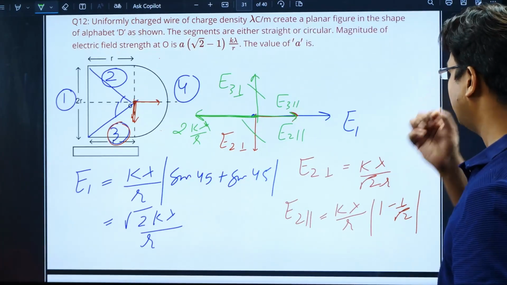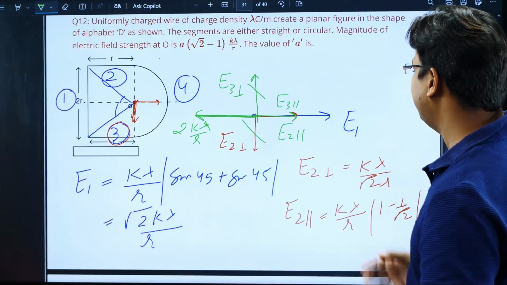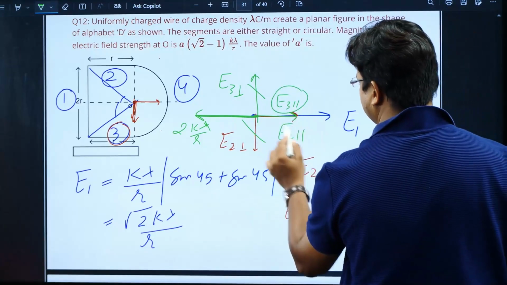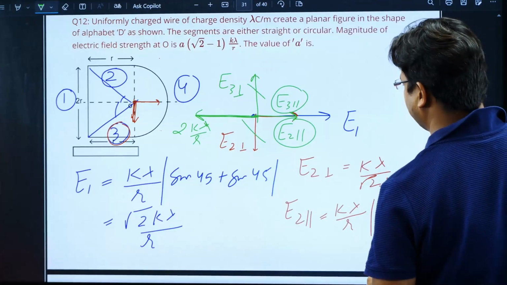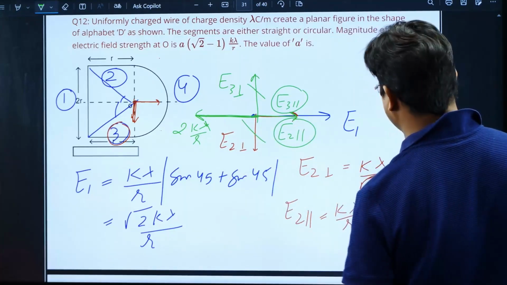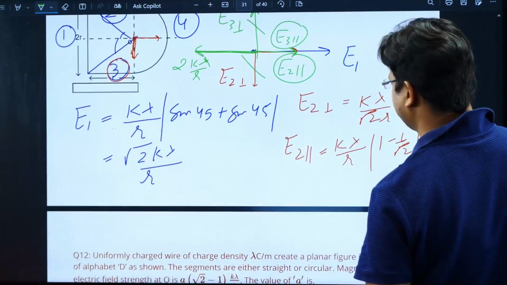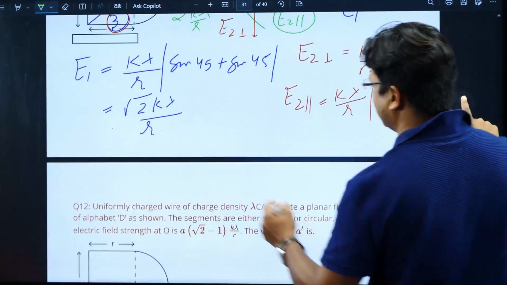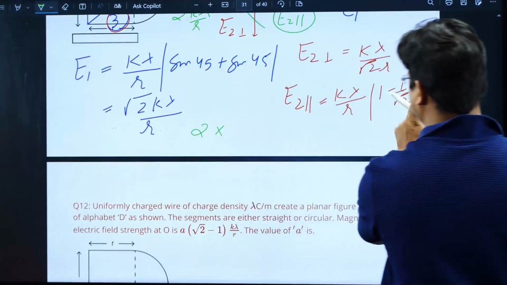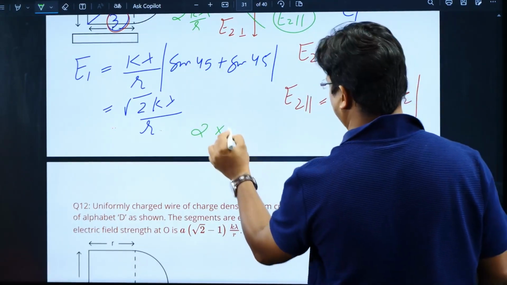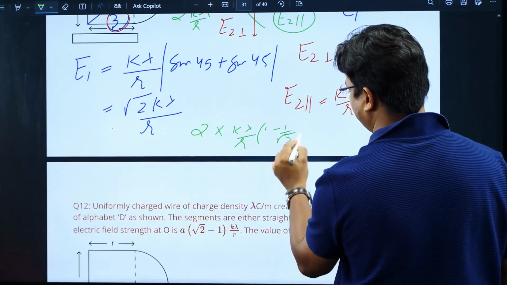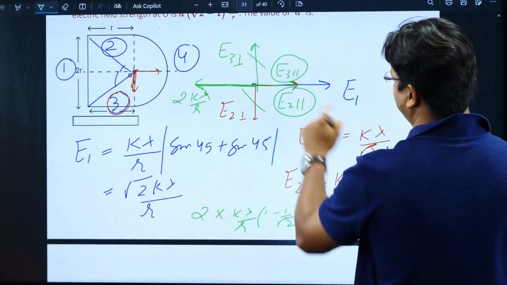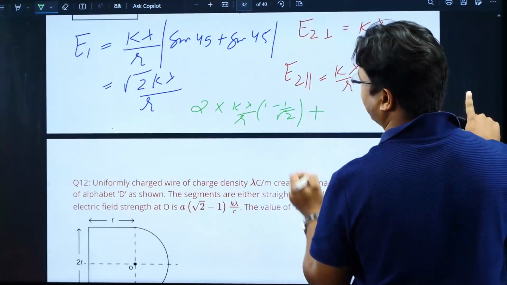Now notice that ultimately we are left with two of these, and E1. E1 is this much. So let me do it here: 2 times this value, k lambda by r times (1 minus 1 upon root 2), plus E1.